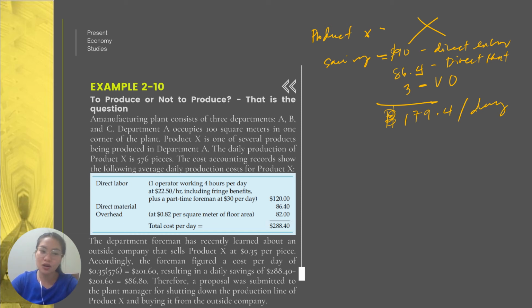The fixed cost portion of product X unit cost, which is present even if the manufacture of product X is discontinued, was not properly accounted for in the original analysis by the foreman. I hope this example will help you understand more about decision making between making versus purchasing.